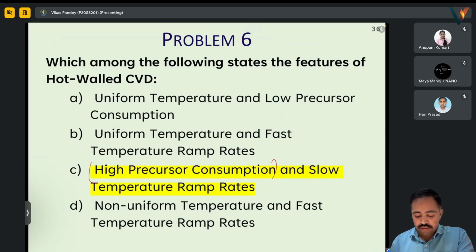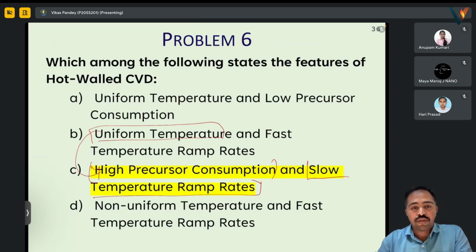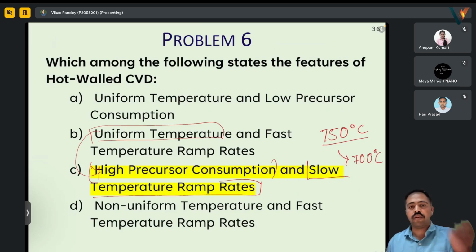Along with this, it will have a uniform temperature and the ramp rate will be slow. Suppose we are at 750 degrees Celsius and we are trying to go to 700 degrees Celsius. We set it, it will cool down slowly because everything is hot.